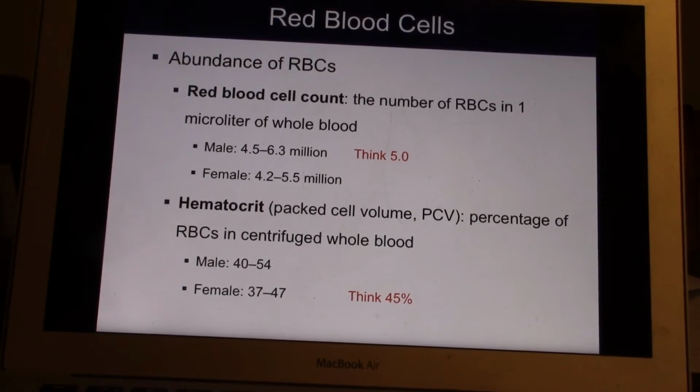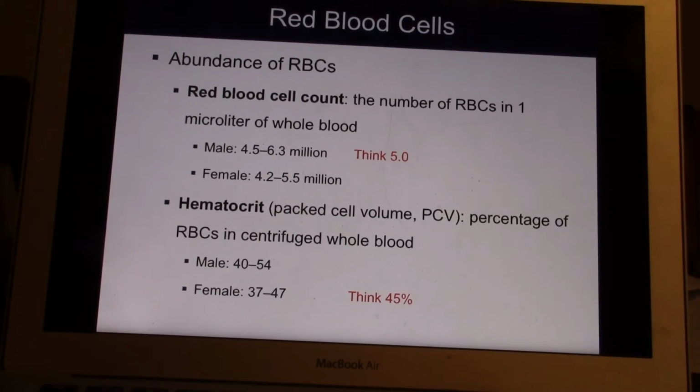Hematocrit is another number that we use a lot, often referred to as just the crit, also called the packed cell volume, and that's the percentage of the red cells when you centrifuge the blood down. So normally that's 45%. I've already mentioned that really because 45% is the formed elements at the bottom, but remember 99.9% of all those formed elements are red cells.